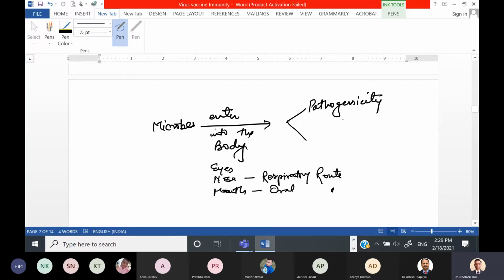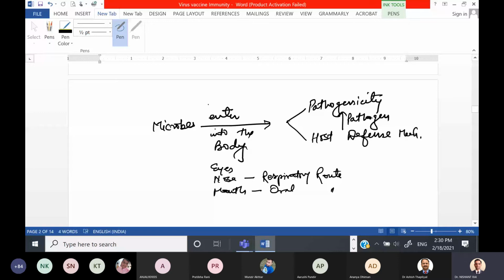But on the other hand, the body defense mechanism, which we call the host defense mechanism, also works. This host defense mechanism works against the pathogen, right?